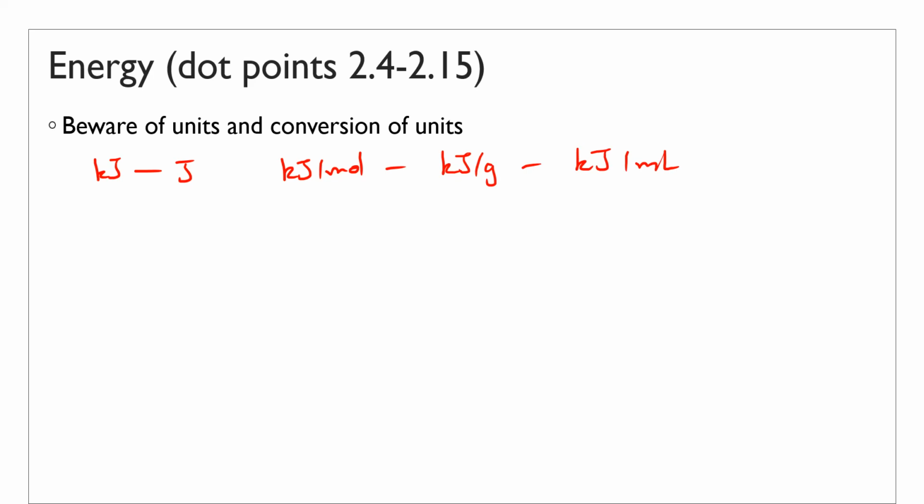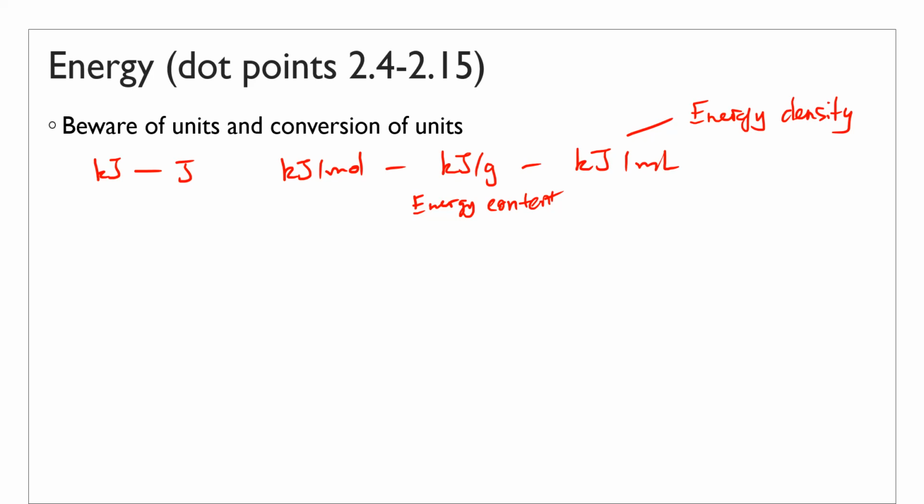So this one's called energy content. I actually can't remember what the other one is called. I think it's energy density or something. They always come up with density when it's per milliliter, but you can call all of them energy content. It's fine. So you have to be able to go from one unit to another, or at least be aware of what other piece of information you need in order to convert from kilojoules per mole to kilojoules per gram, from kilojoules per gram to kilojoules per mil.